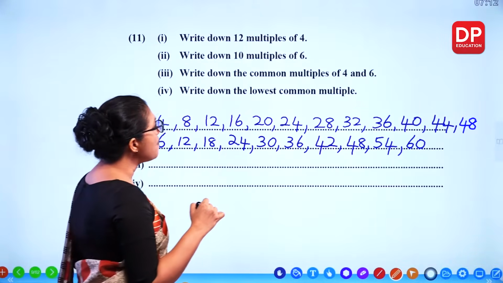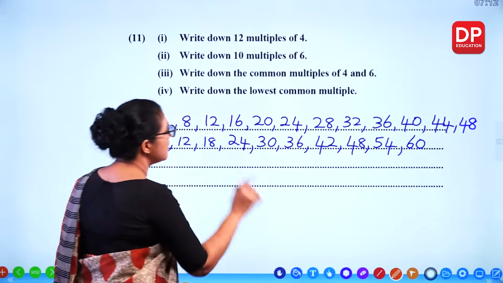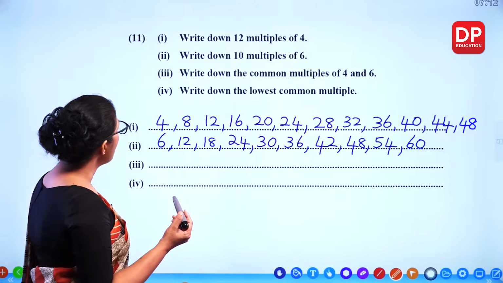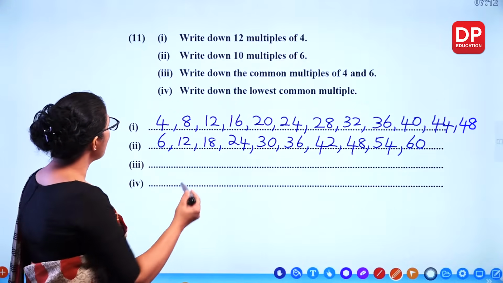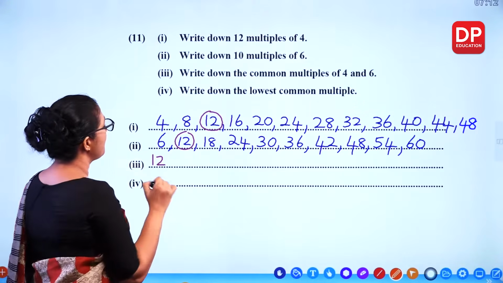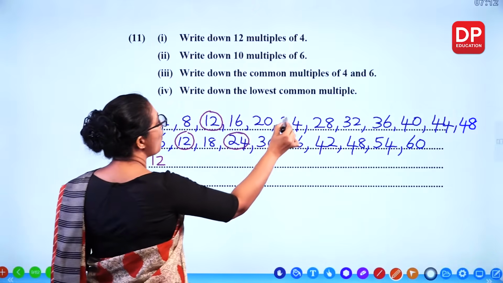Write down the common multiples of 4 and 6. By looking at these multiples, you can write down the common ones. What are the common ones? I can see 12. Then, what's the next one? 24.